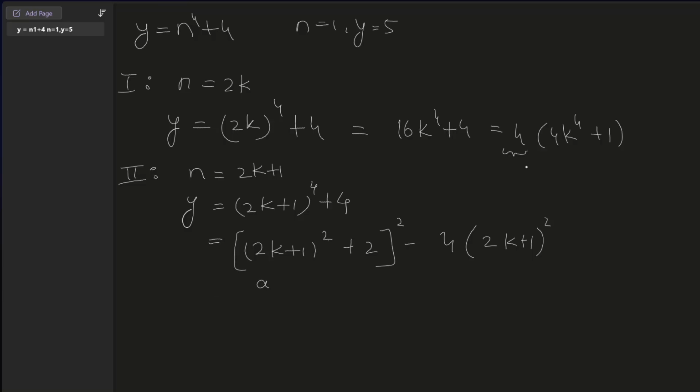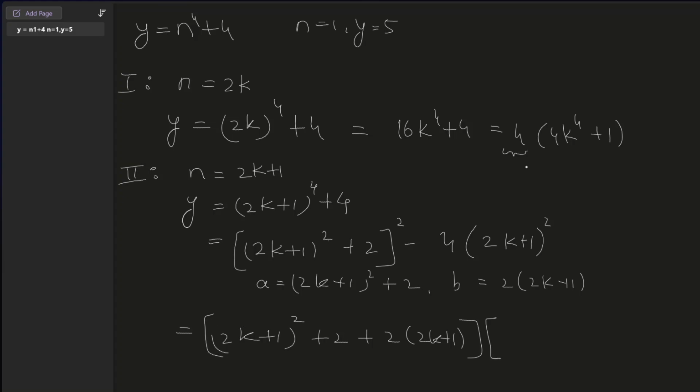Here a is equal to (2k plus 1) whole square plus 2, and b is equal to 2 times (2k plus 1). Now let's use the identity. From here we get (a plus b) times (a minus b).